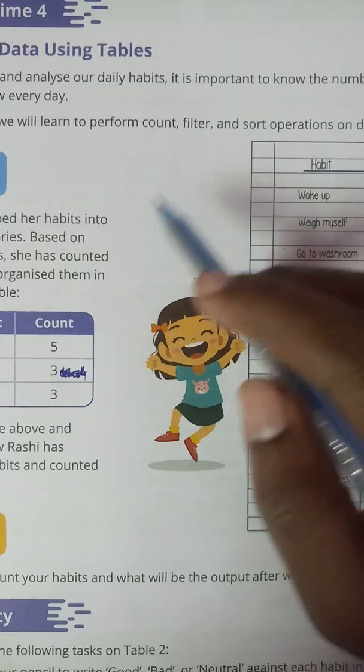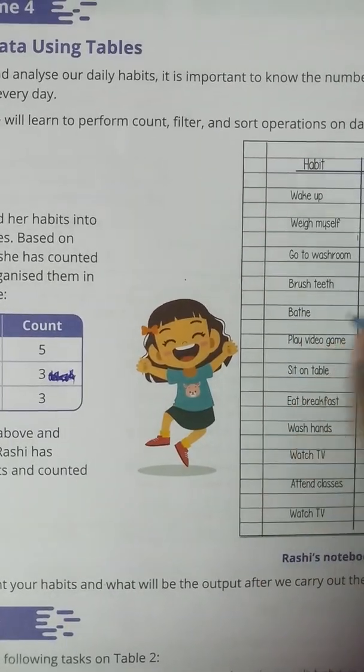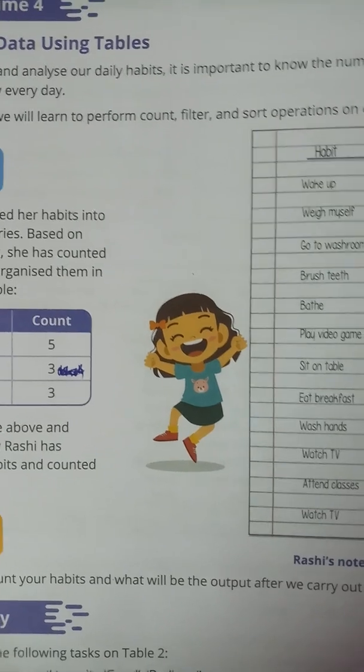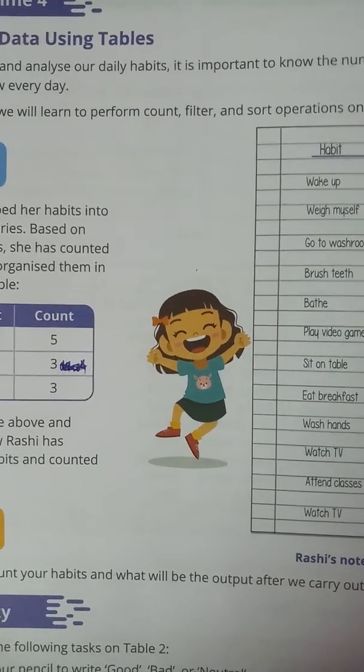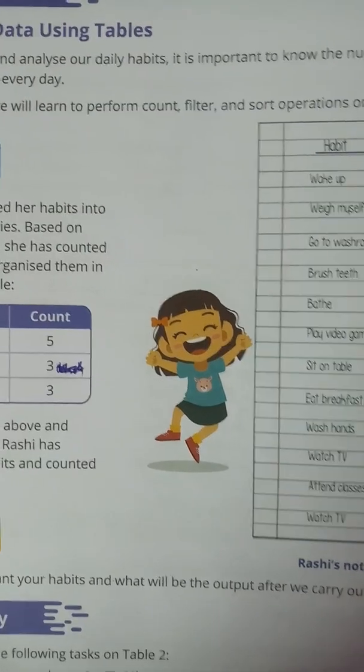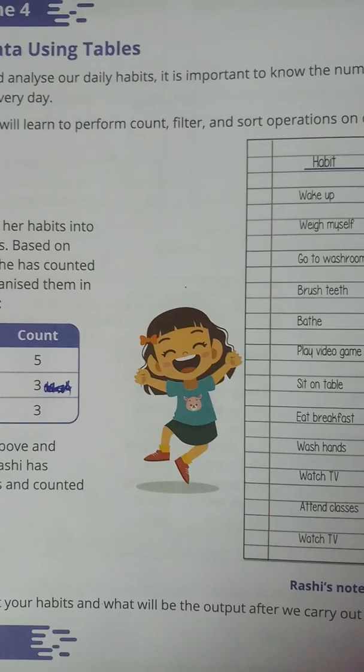Filter means giving different colors: for bad habits we use red, for good habits green, and for neutral habits blue. These are the options for filter.